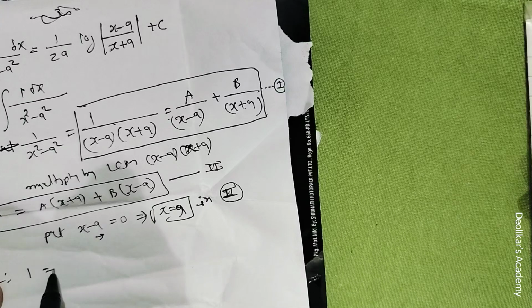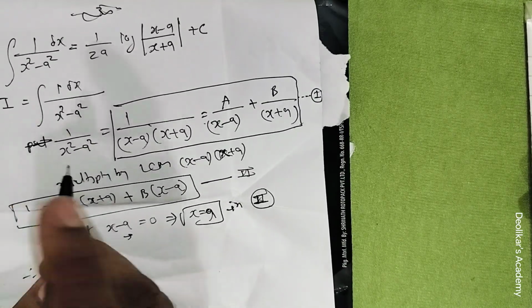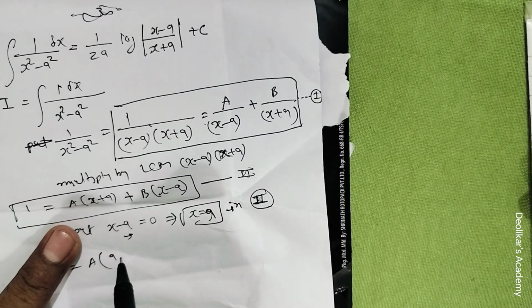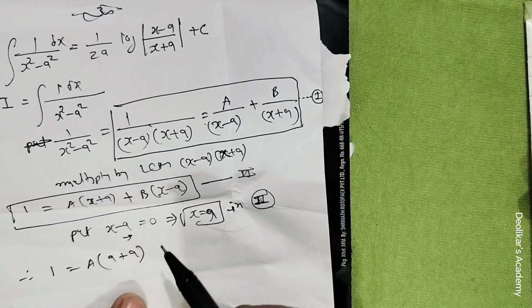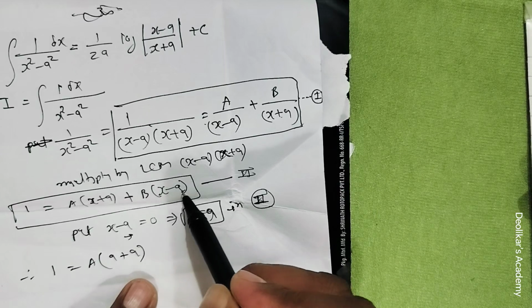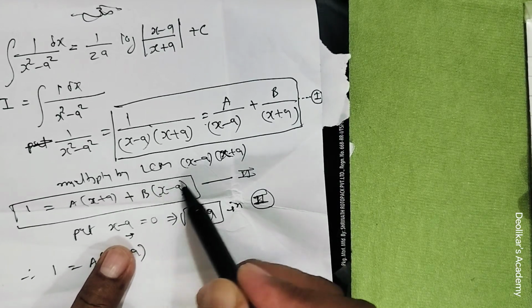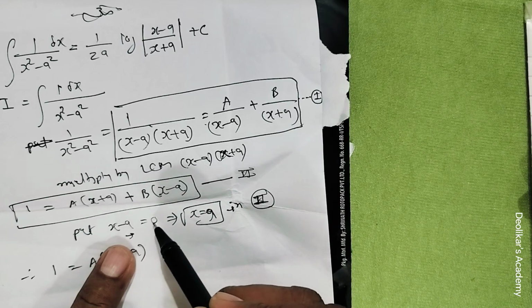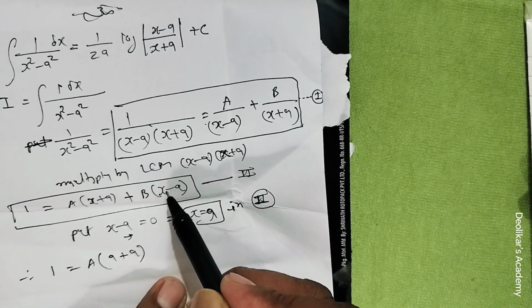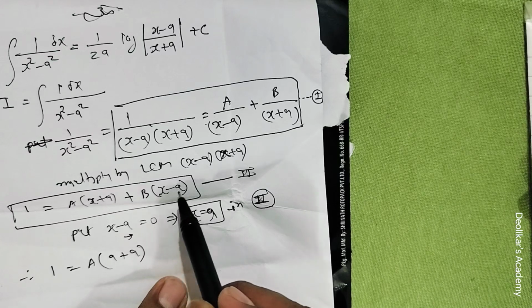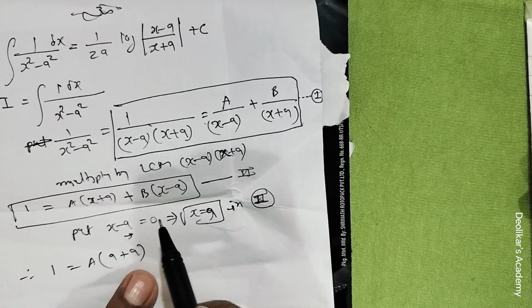Therefore 1 is equal to, now see, A as it is, x is a so a plus a as it is. Now x minus a itself is 0, so why write this term? x minus a itself is 0, so don't write this term. Or if you put this value a here in x, a minus a will be 0, so no need to write this.